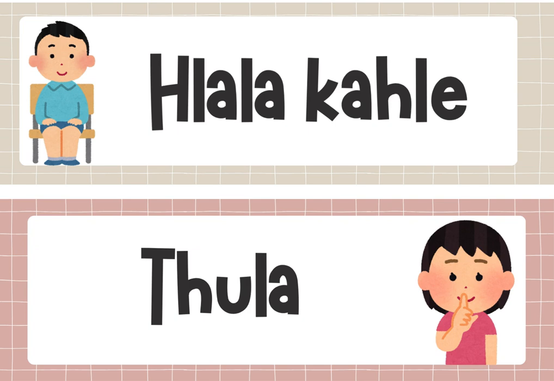Sometimes students will forget to hlala kahle, so the teacher will say hlala kahle, which means sit properly. Don't sit like you are somewhere on a holiday. Or they can say thula. Lily, thula. Keep quiet.